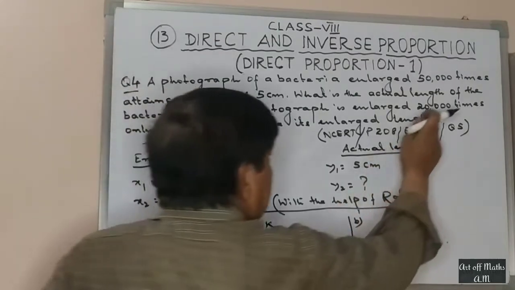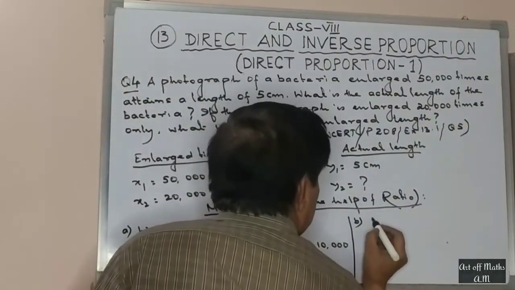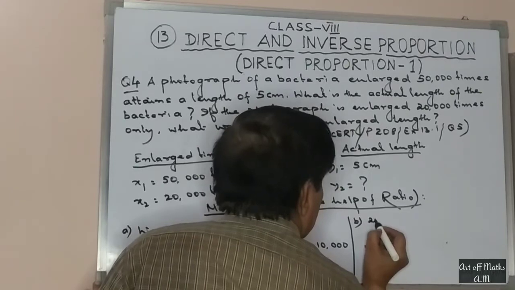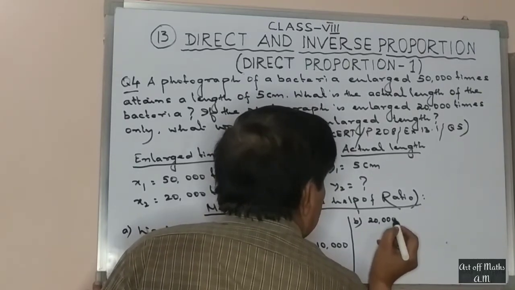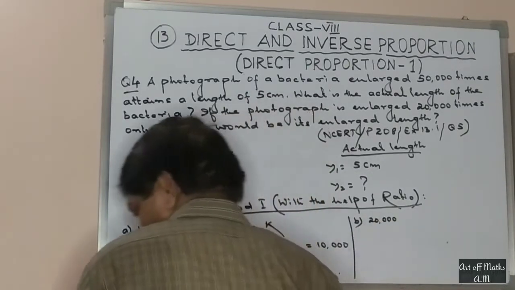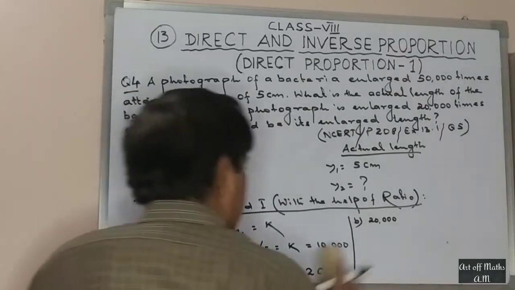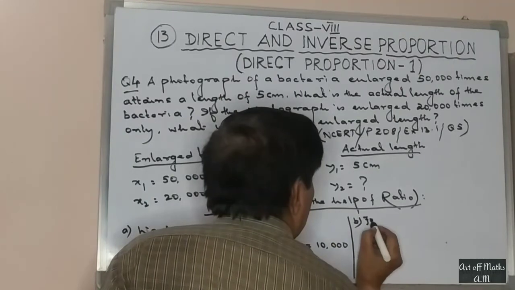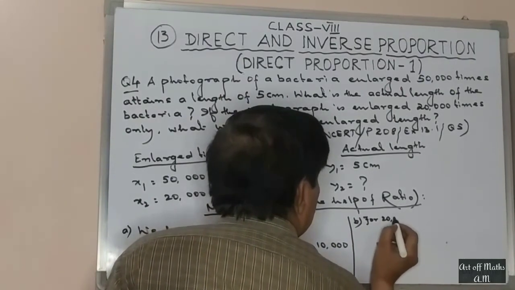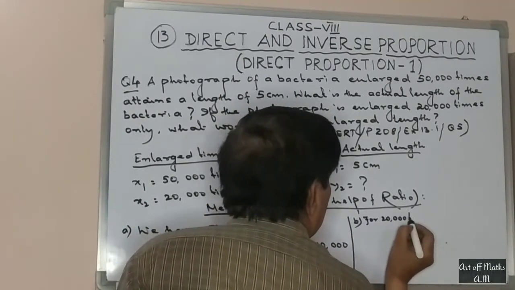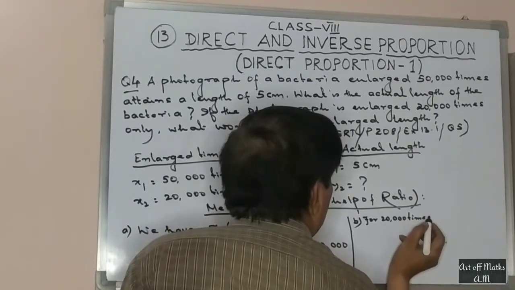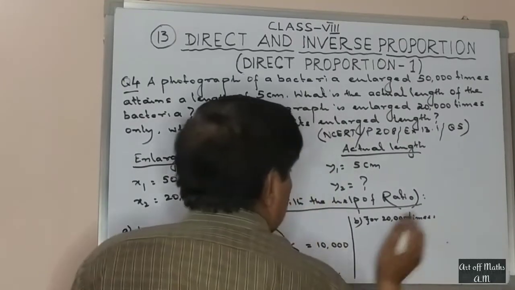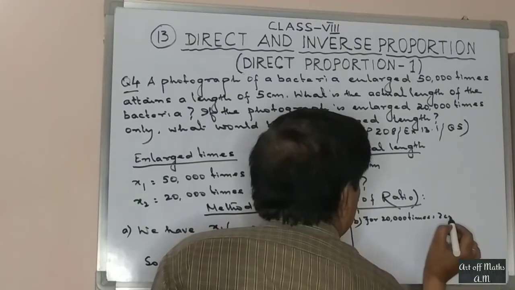For 20,000 times, the actual length is 2 centimeter.